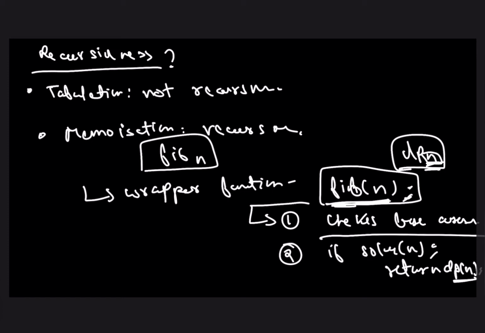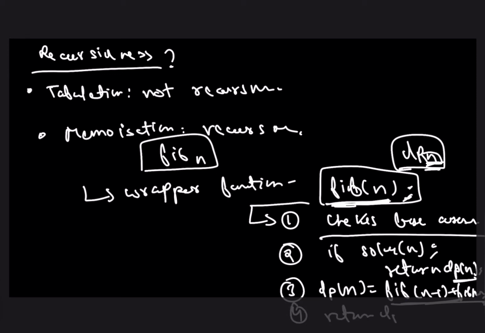Otherwise, it will solve the state: dp of n equals Fibonacci of n minus 1 plus Fibonacci of n minus 2. At this step it called two other functions to compute the value of its dp. And in the fourth step, it just returns the value of dp that it solved.